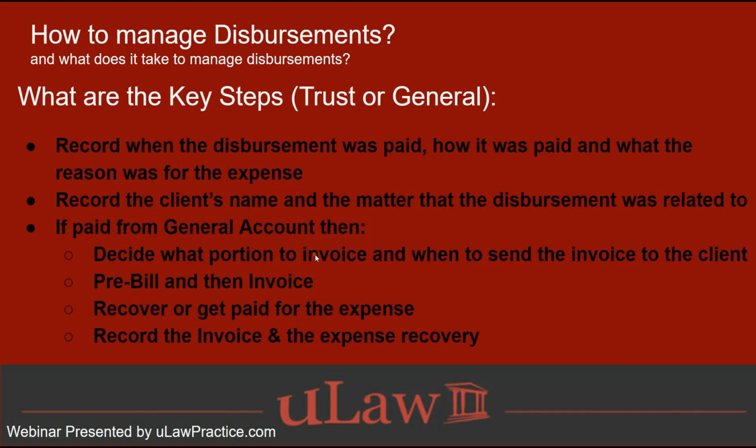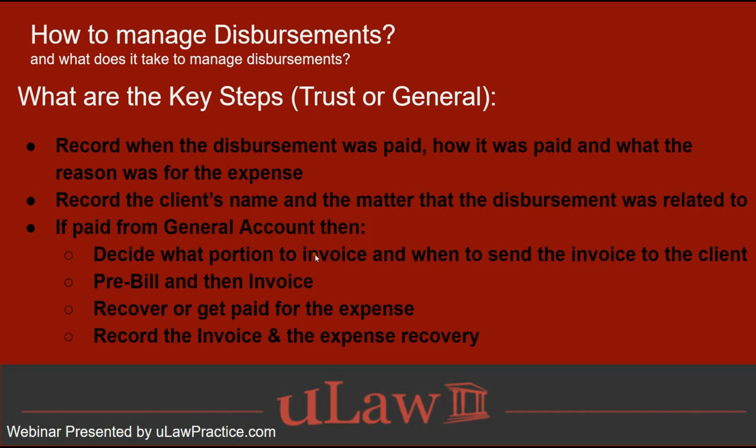Now, if you do consider using the general account, as I mentioned earlier, these disbursements may not have a tax component, so that's important for you to consider. But if it is a general operating account that you've used to pay for it, now you go back to those two different pathways that we discussed. One is you may have money in the retainer, which now you can do a pending trust transfer, as they call it.